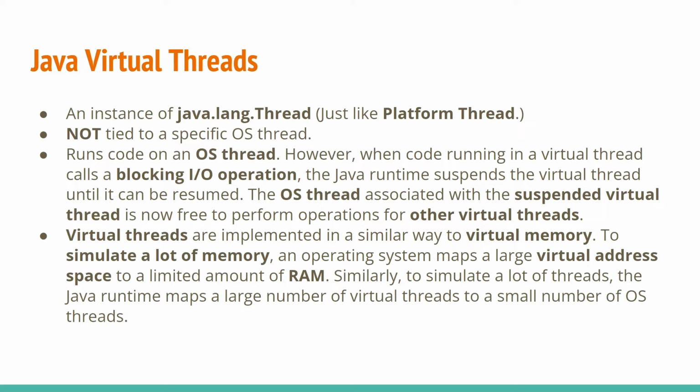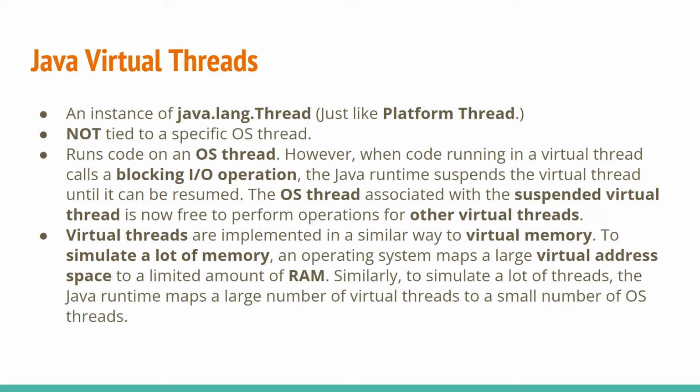The OS thread associated with the suspended virtual thread is now free to perform operations for other virtual threads. So now scheduling is happening at the operating system thread level. In platform threads, it was not under the JVM's control. Now the JVM gets to decide the scheduling part. This is very important.